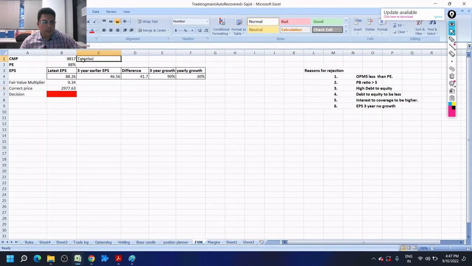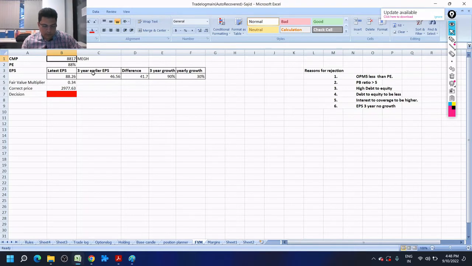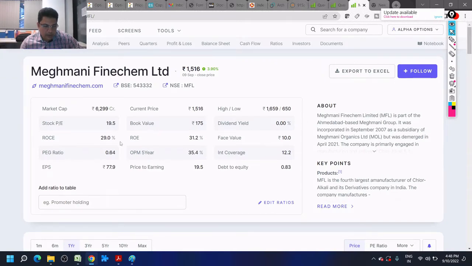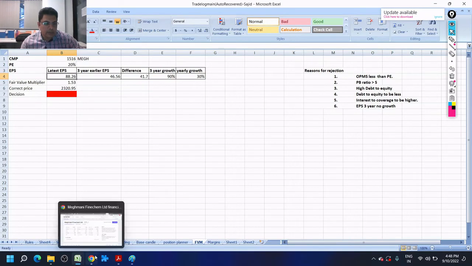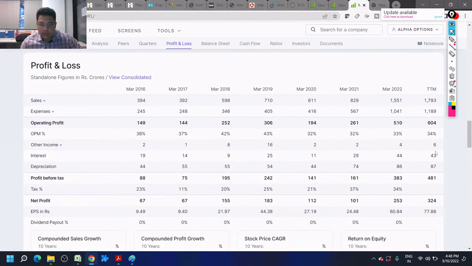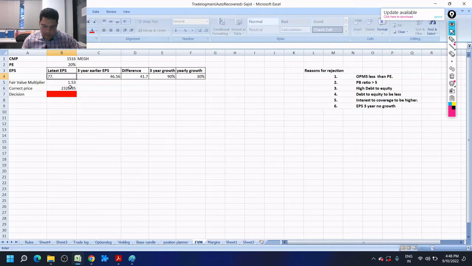Okay, what is the current market price? Current market price is about 1516, and our stock PE is about 19.5, and latest EPS is about 77.88.